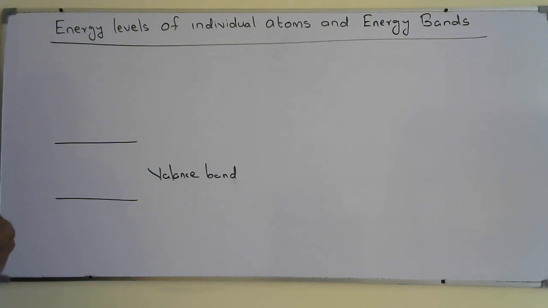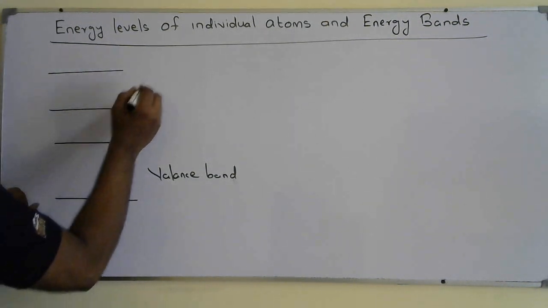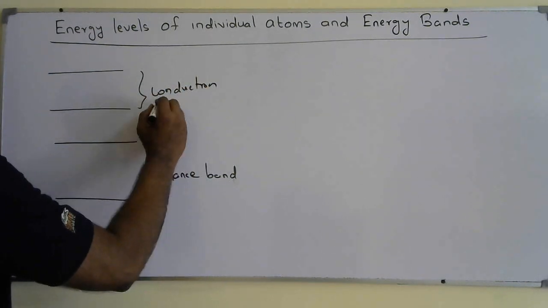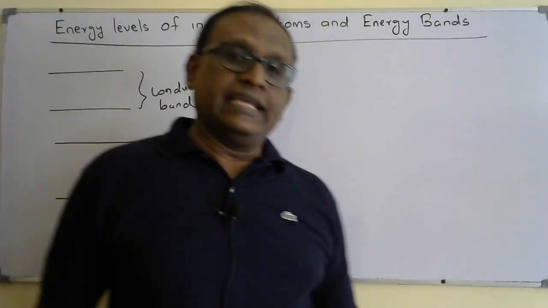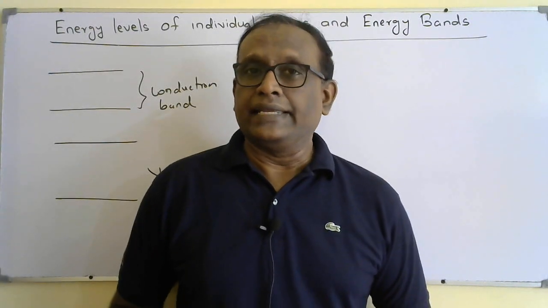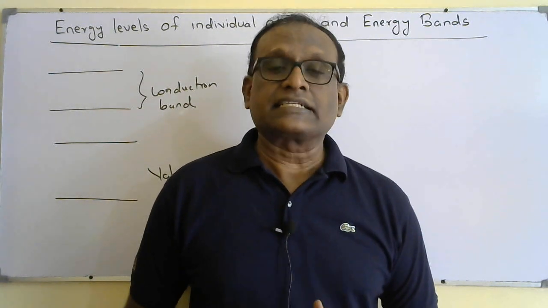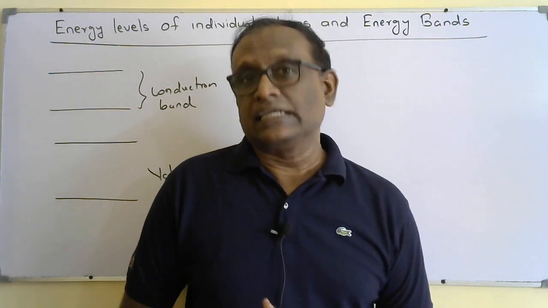Then the other one is called the conduction band. Normally the conduction band is above the valence band. At 0 degrees Celsius the conduction band won't have any electrons, but the conduction band consists of all the conduction electrons, the electrons that can participate in electrical conduction.